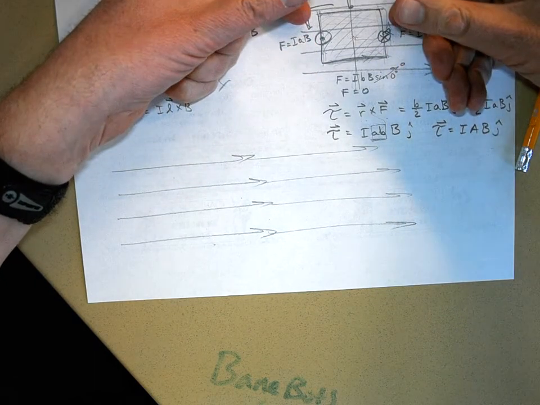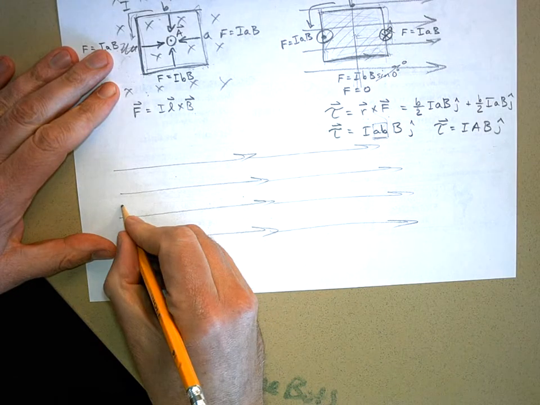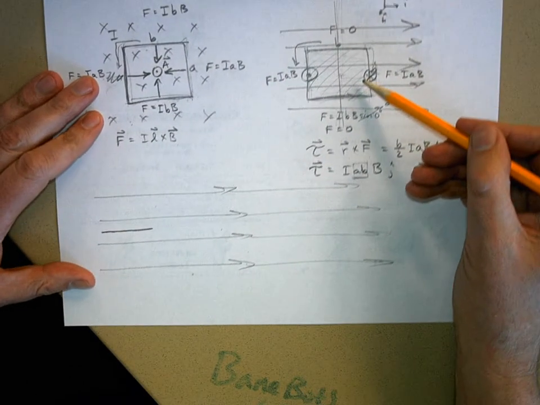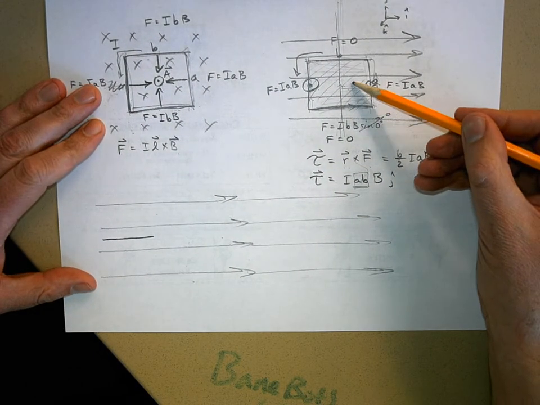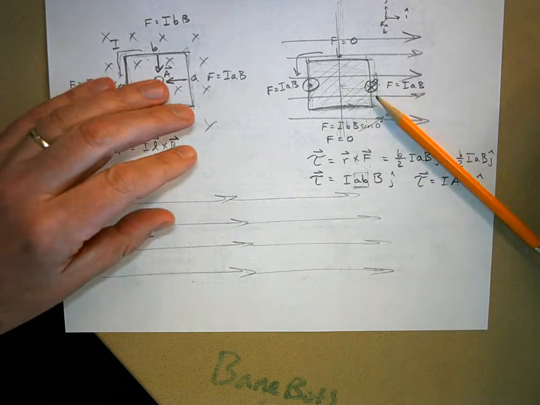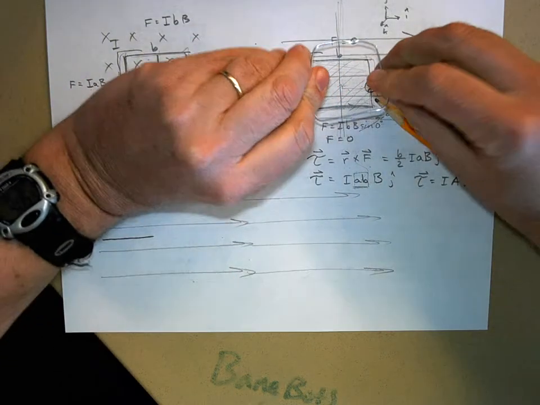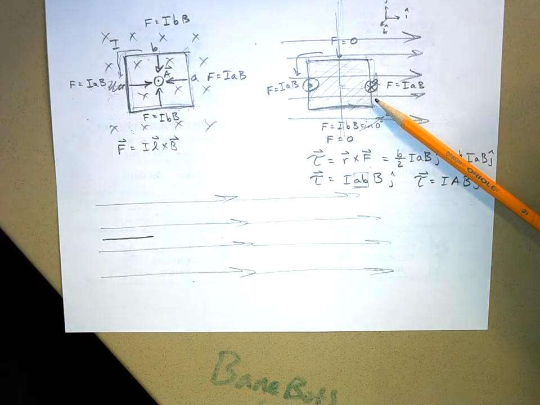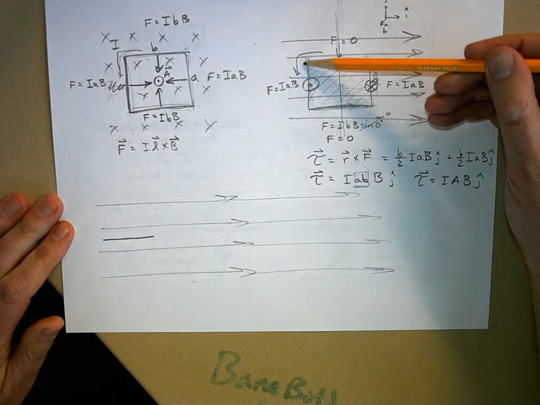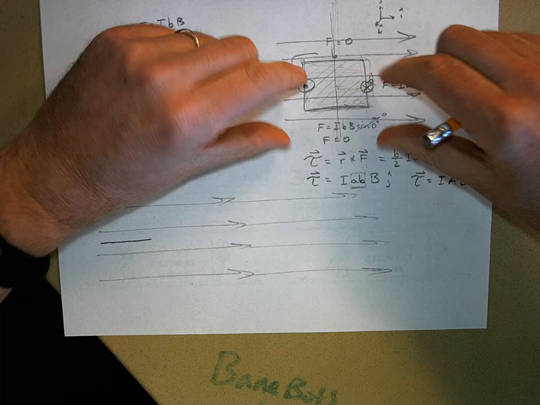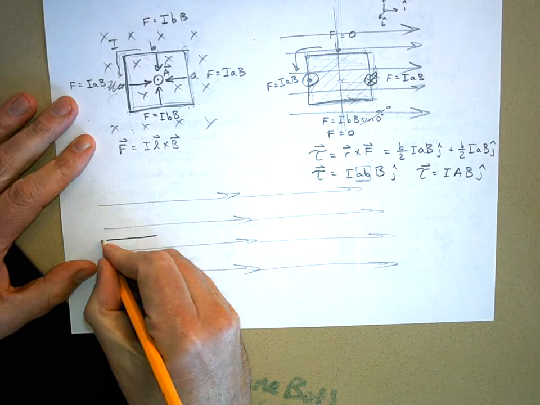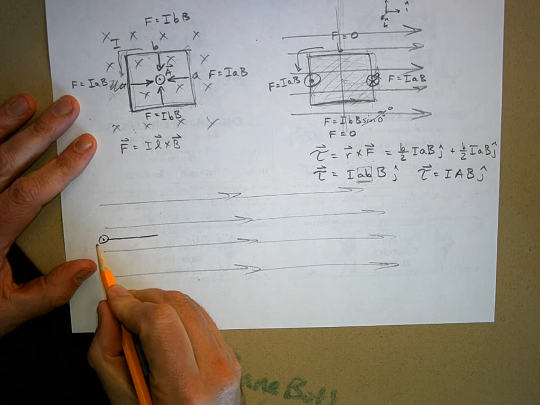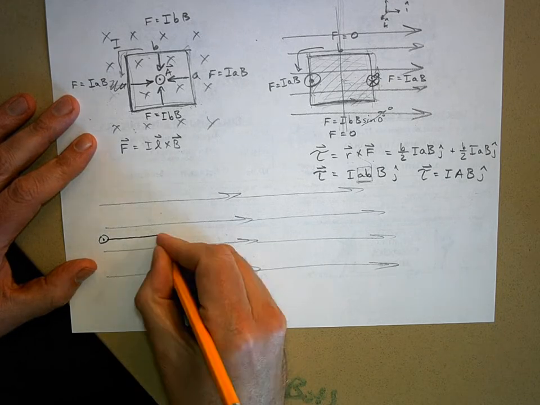Here's this loop, and I'm going to rotate my view of the loop so it looks like this. Because this current is going down, if I rotate the bottom of this up, now the current is coming out at us, and then it runs along like this, and then it goes in on this side.